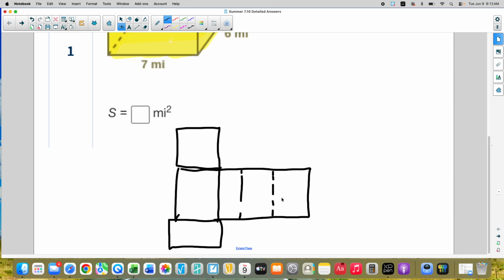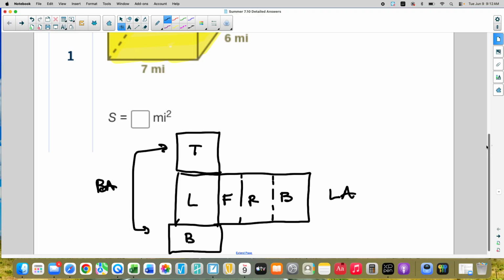So that would be our diagram here. This is the top, this is the bottom, and then this is the left, the front, the right, and the back. So you have these sides, and this is going to be our lateral area. These two are going to be our base areas, and that's why we said times 2.